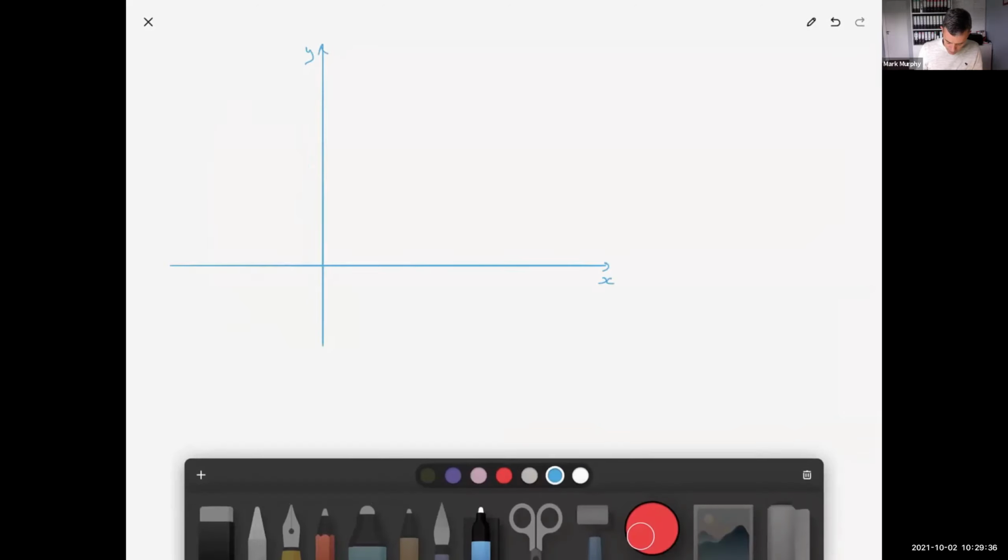I'm going to draw two lines. The first line I draw here is just a line, and then we have a point on that line, P, and we give it the coordinates A, B. So again, dropping this down, we know that that's A.